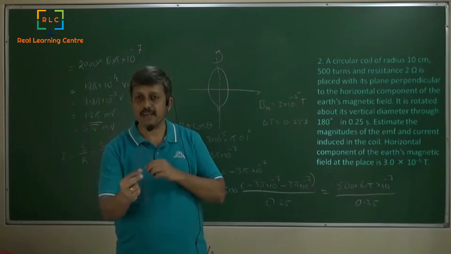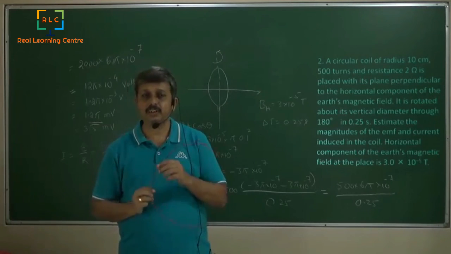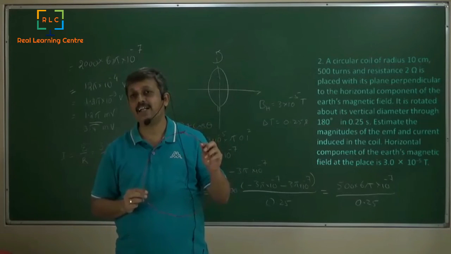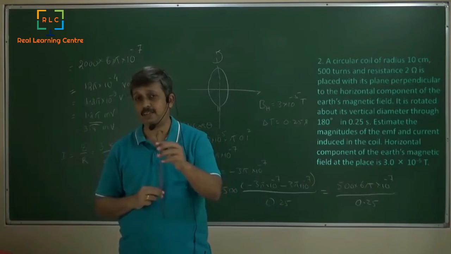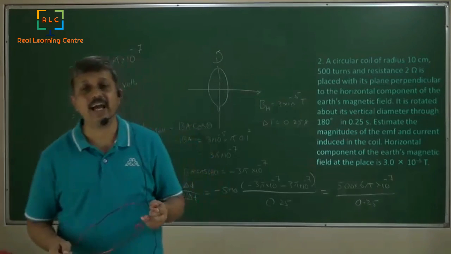Here it is doing maximum. So the way it is doing here is not a very uniform thing. Whenever it is at an angle, the B dot A is not exactly the same. B dot A keeps varying with respect to time depending on the angle.